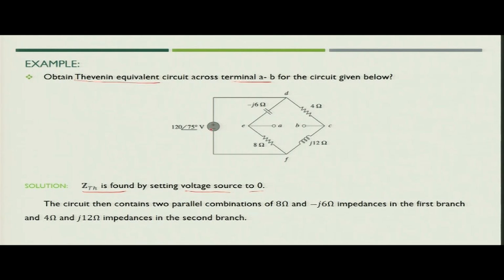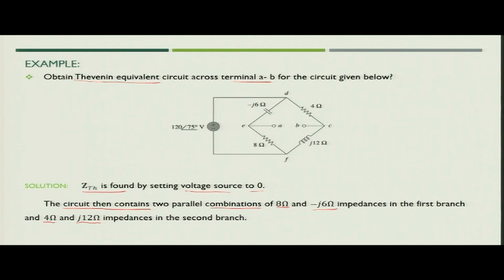So, that voltage source will be short circuited, and when we rearrange this particular circuit with the help of our knowledge on topological aspect of the circuit, we will come to know that this circuit will now contain a parallel combination of 8 ohm resistance with minus j6 ohm impedance, and then in series with another parallel combination of 4 ohm and j12 ohm impedance.